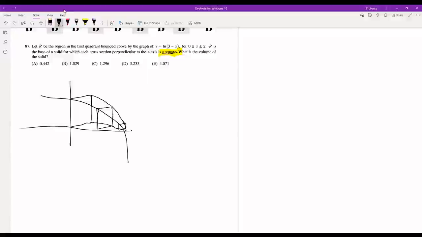And so what we're going to do is take this normal integral, because normally to find just the two-dimensional area, we take the integral from 0 to 2 of ln of 3 minus x dx.